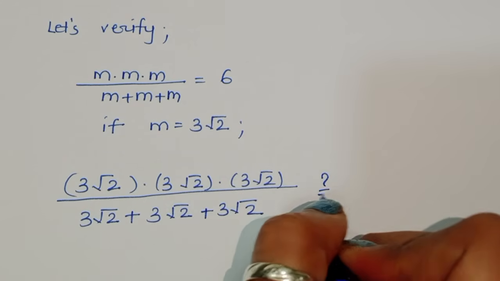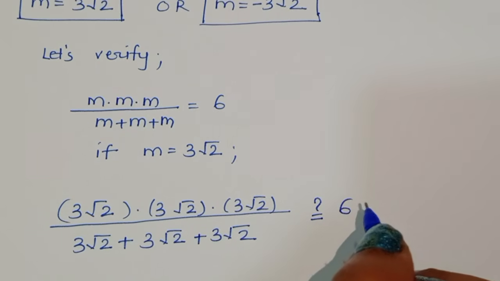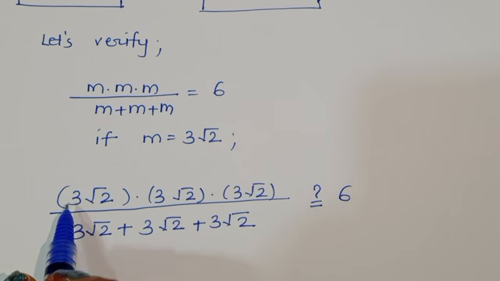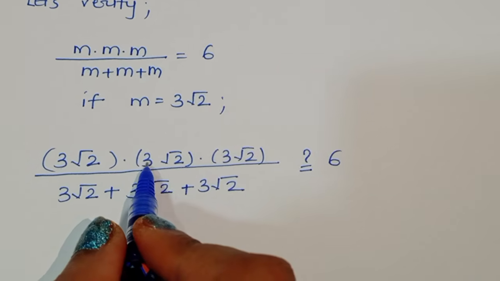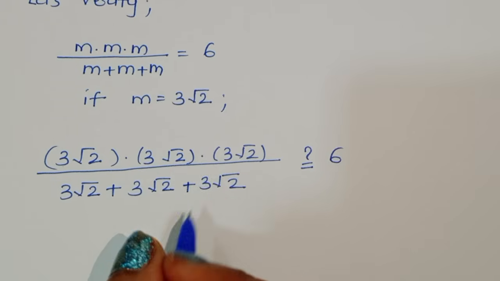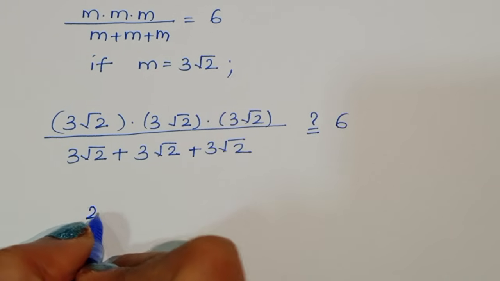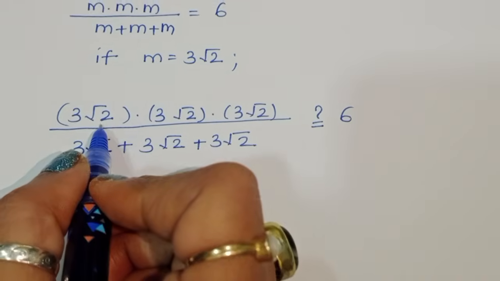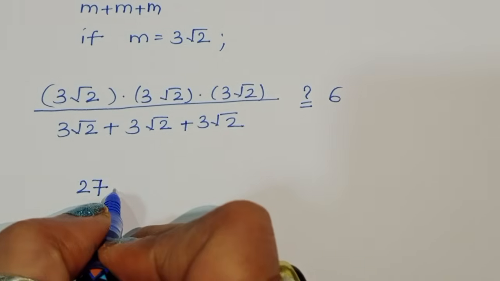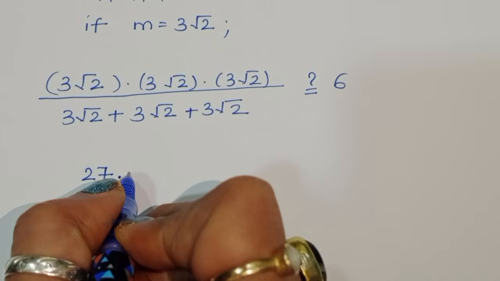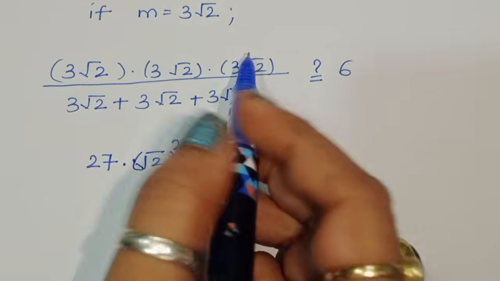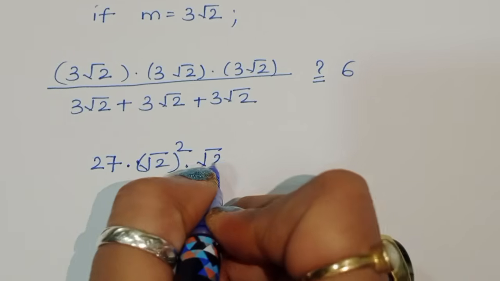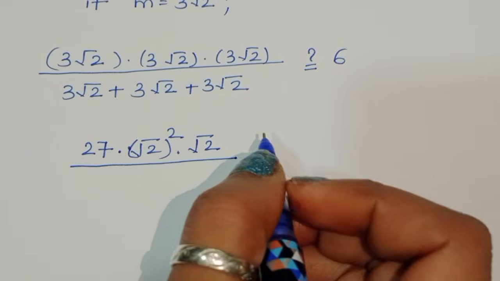We have to verify this is equal to 6. Now 3 times 3 times 3: 3 3s are 9, 3 9s are 27. So we write 27 times the square root of 2 whole square times the square root of 2.